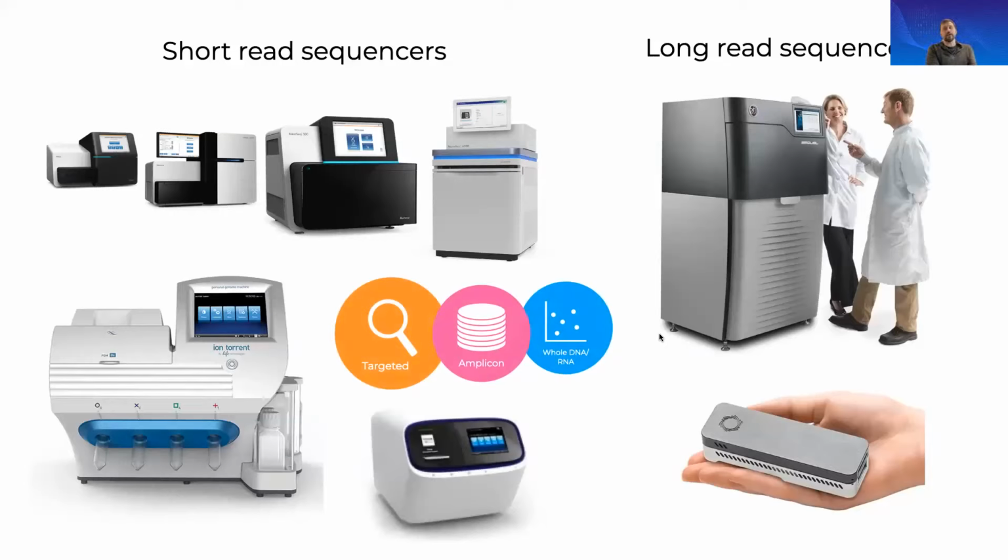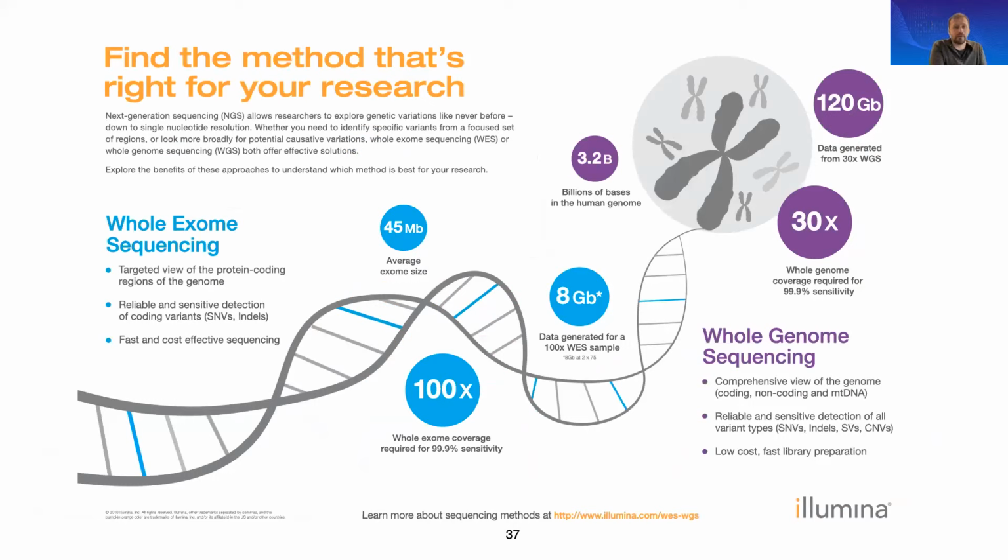So we can either sequence everything by just chopping up the DNA and putting it into the flow cell, or we could amplify specific regions and be selective about what we are actually trying to sequence. So based on this, when it comes to genomics, there are basically several approaches: whole genome, whole exome, or targeted sequencing.